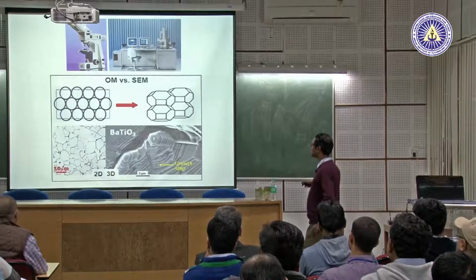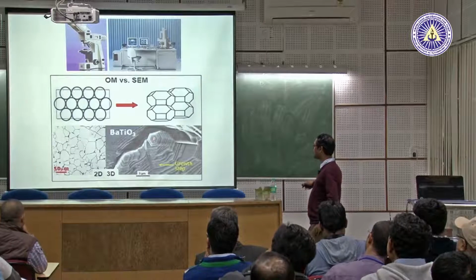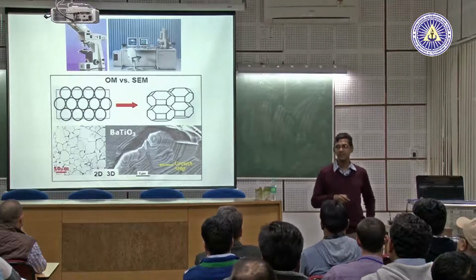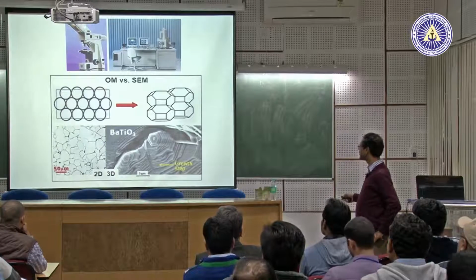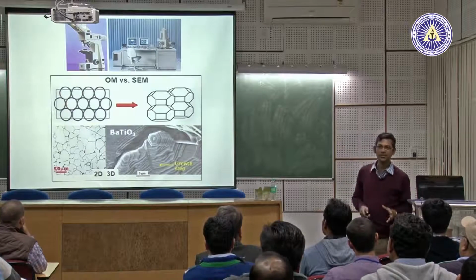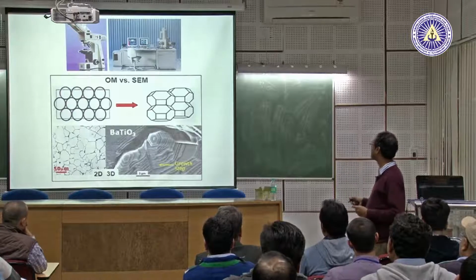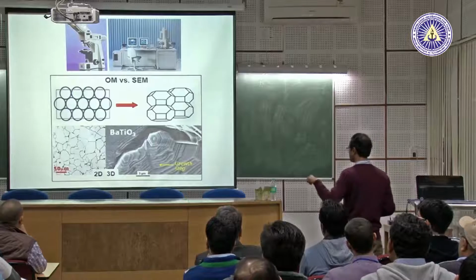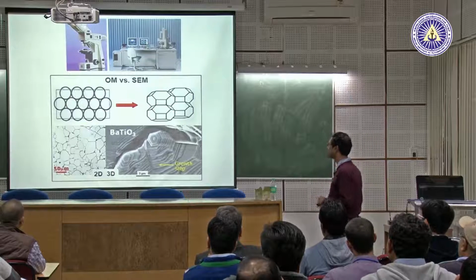Very, very large. You can see here, this is sitting at the top of the hill. The distance from here to there will be about 30 micron. But you can focus it all the way down using different kinds of detectors, which is not possible in an optical microscope.